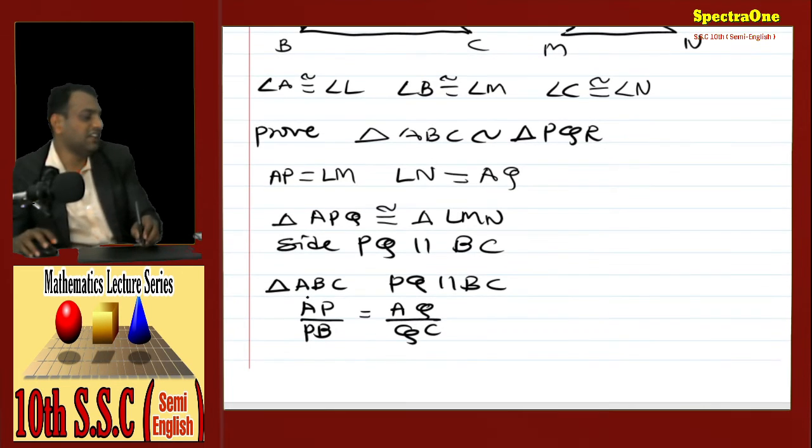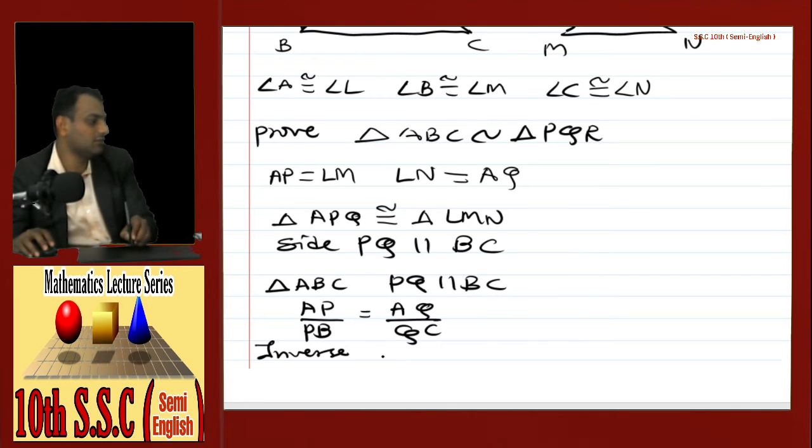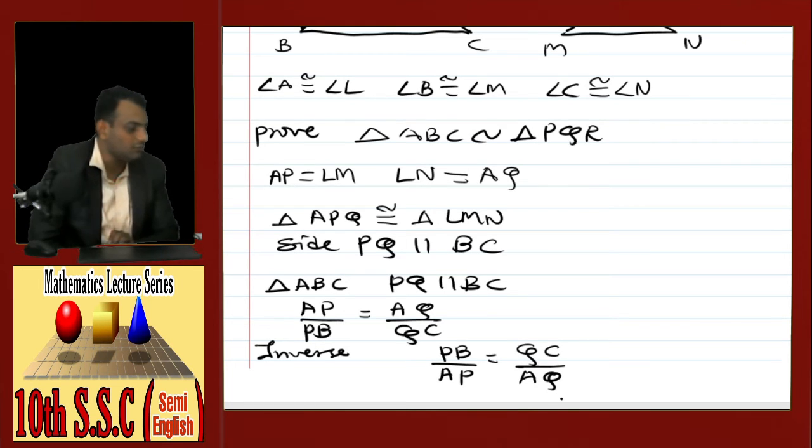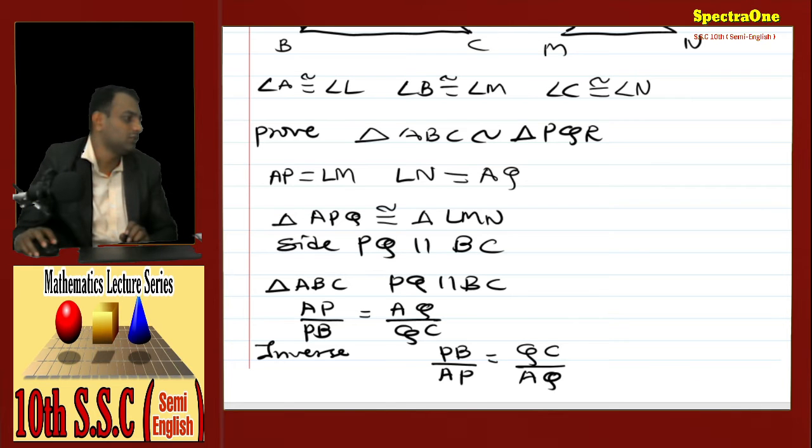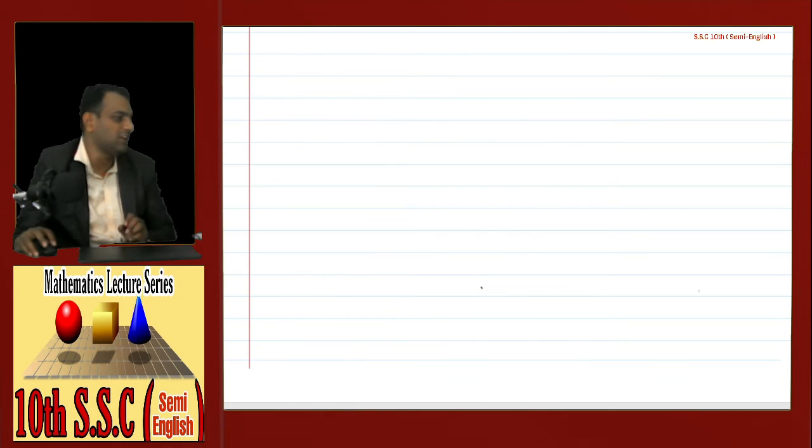Okay, by taking inverse of that, you will get PB upon AP equal to QC upon AQ.